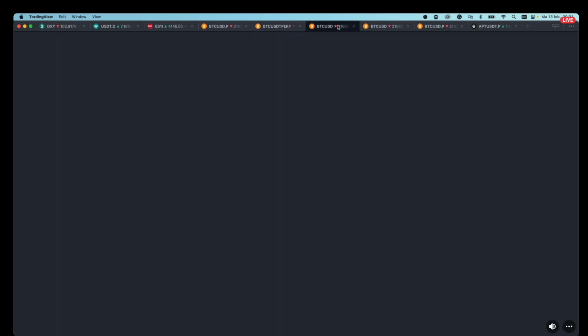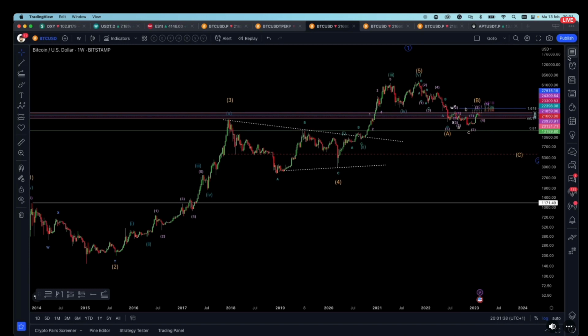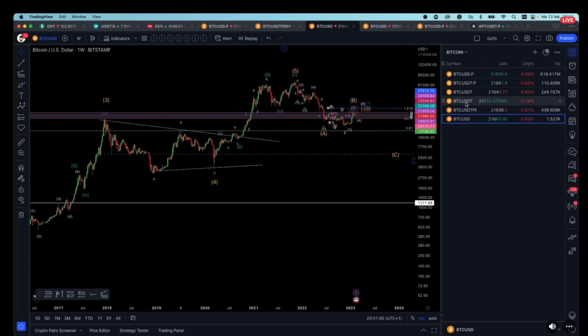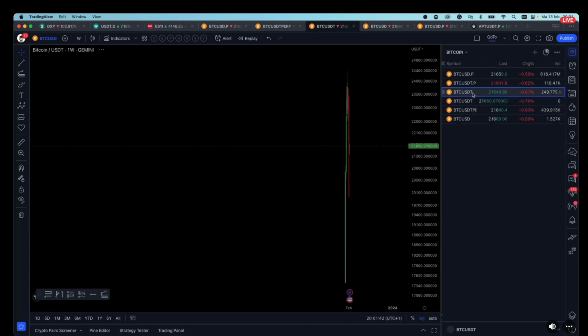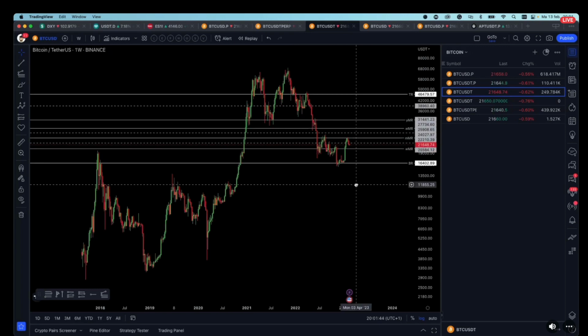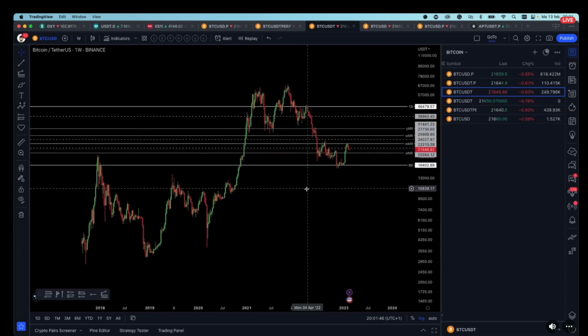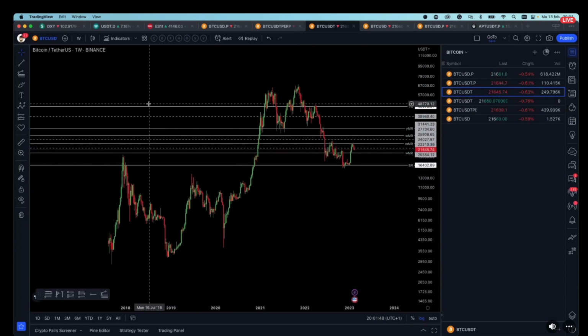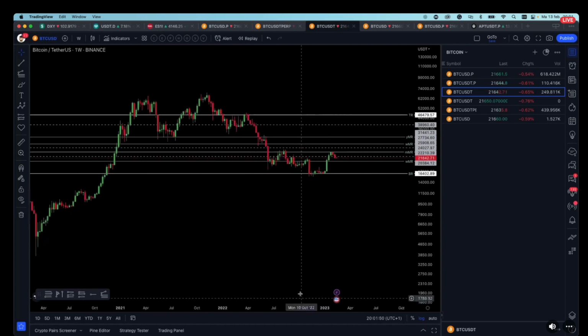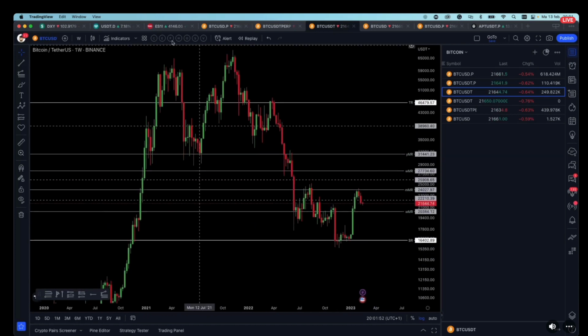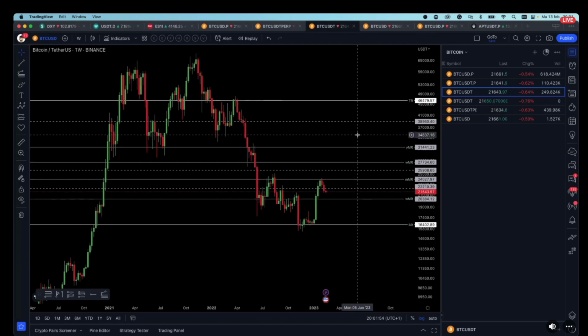Then I have BTC USDT on Binance that I use for my ranges actually. So as you can see here, on the weekly time frame, I have all my ranges.